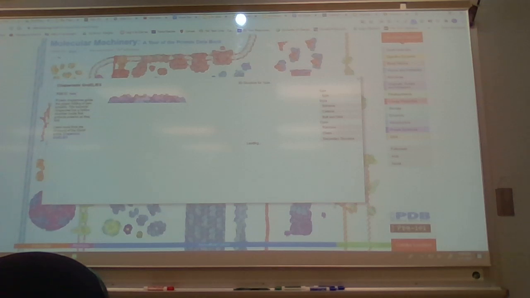Okay, so you'll have to click around and look at these different proteins and figure out and fill in what their functions are. So that's your job for the next 10 or 15 minutes or so, however long it takes you to fill that in.